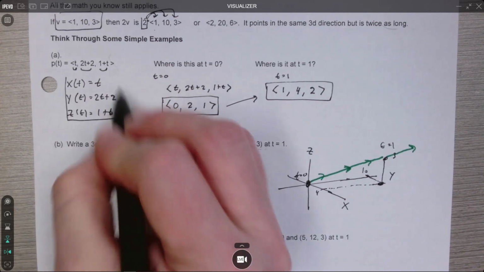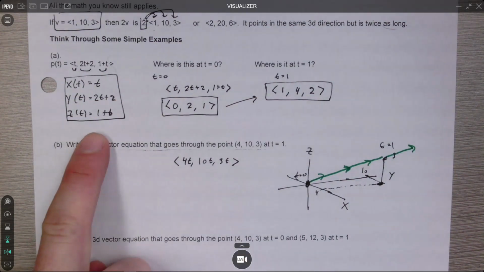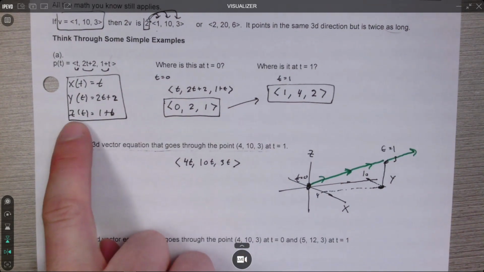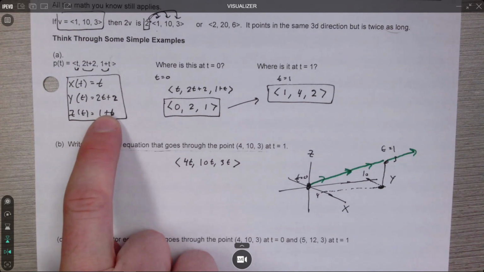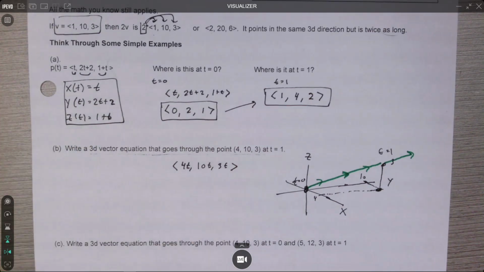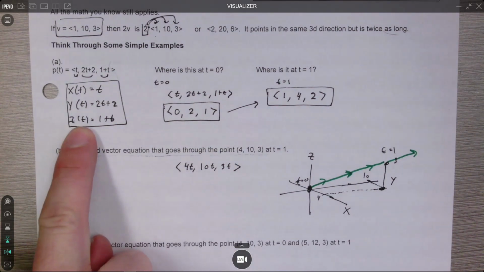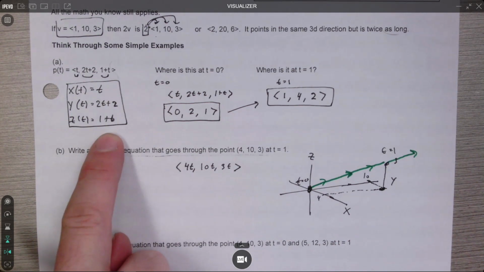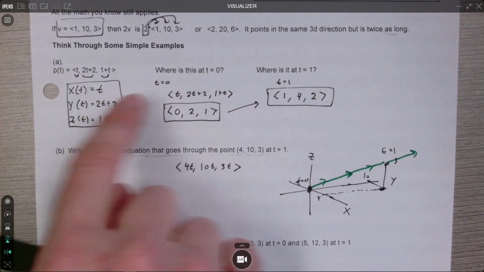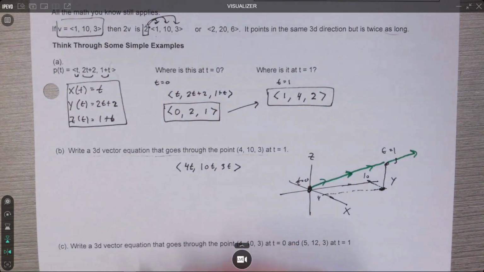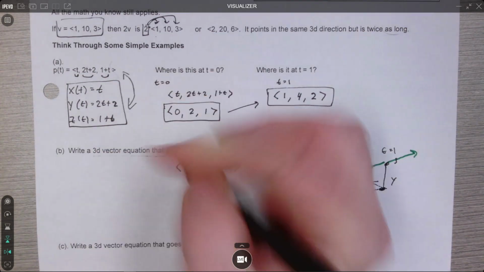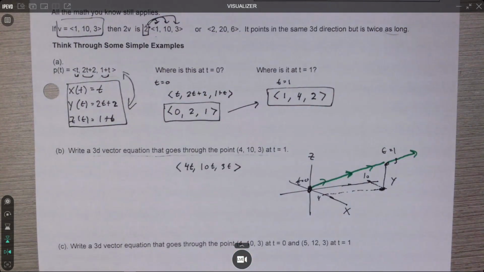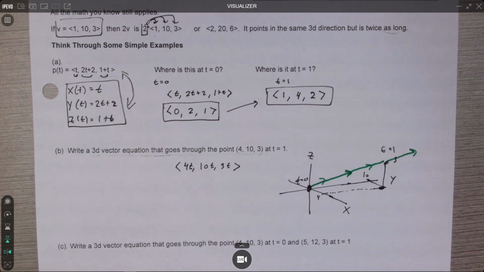And so sometimes it's going to be easier to think about your z coordinate as a function of time without even thinking at all about the xy position. Like you can just think about what's my height as a function of time and write that separately from everything else. And then if you can get your path for x and y, then maybe you can combine it all together. But keeping in mind that you can go back and forth between these two different ways of thinking is potentially going to be useful for some of these rides.